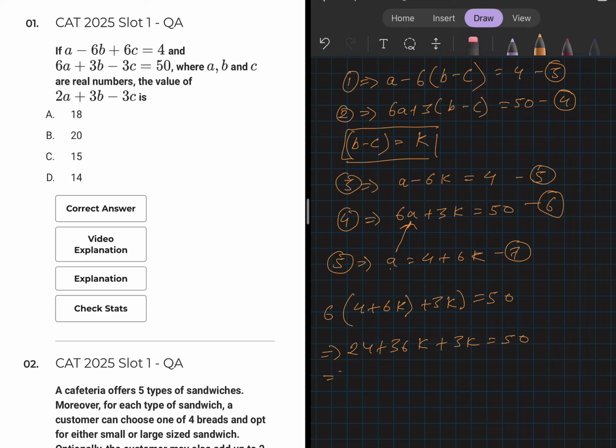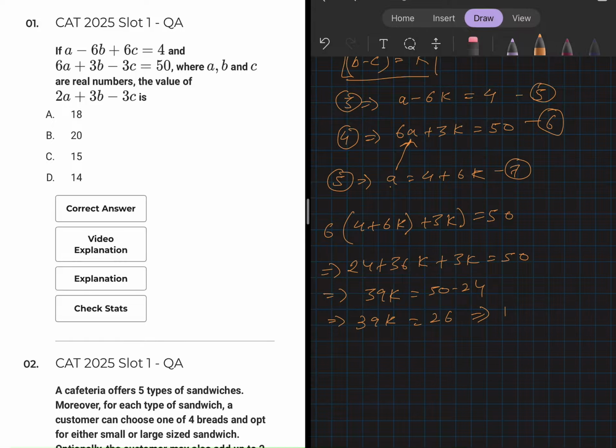Yes, so 39k equals 50 minus 24. This implies 39k equals 26, which can be written as k equals 26 by 39. Now both of these are multiples of 13, so 13 times 2 equals 26, 13 times 3 equals 39. So k equals 2 by 3. So we got the value of k.